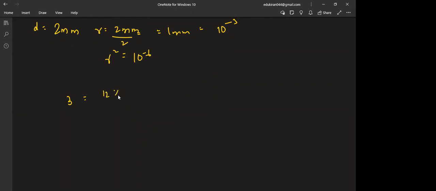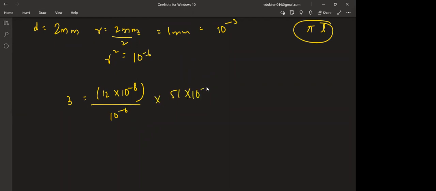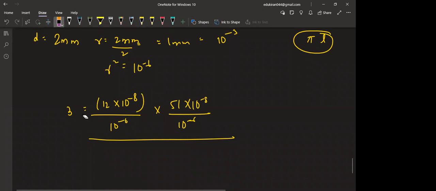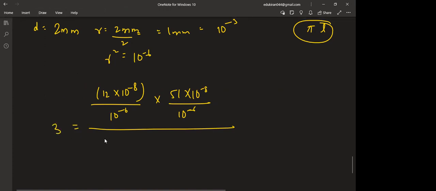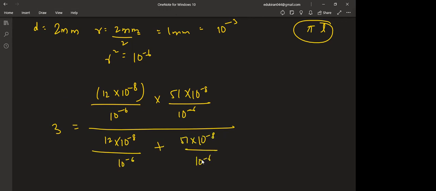So rho 1 is 12 into 10 to the power minus 8 divided by 10 to the power minus 6, into 51 into 10 to the power minus 8 by 10 to the power minus 6, divided by 12 into 10 to the power minus 8 by 10 to the power minus 6 plus 51 into 10 to the power minus 8 by 10 to the power minus 6.